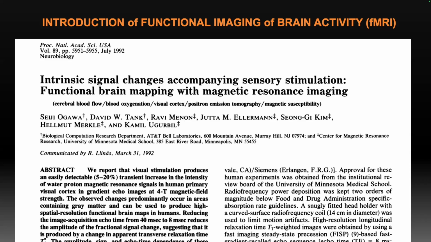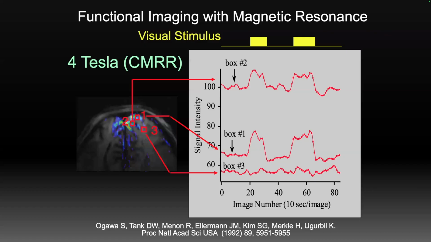These papers, in fact, were submitted to PNAS within 5 days of each other, which is very incredible. This is the data we published in our paper, conducted at 4 Tesla, showing the activity in the visual cortex when you have a subject sitting there and the lights are going on and off, as you saw over here.